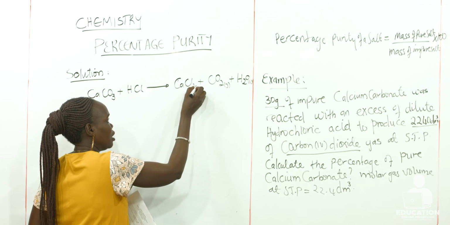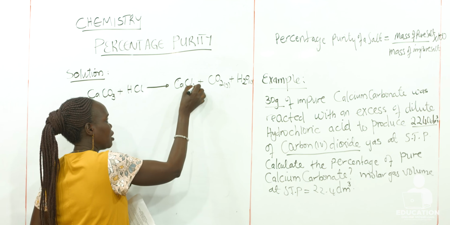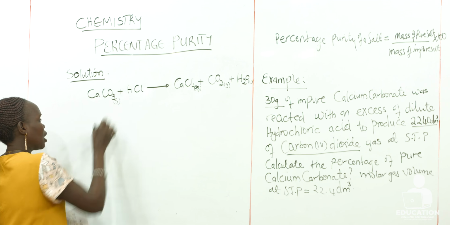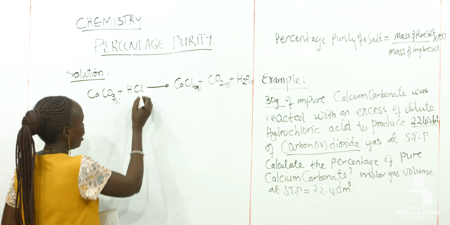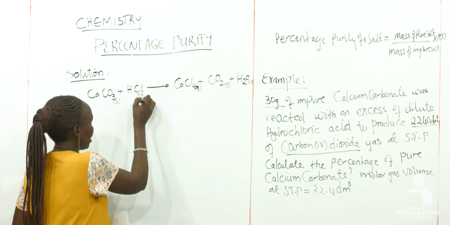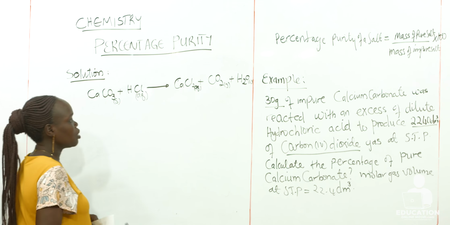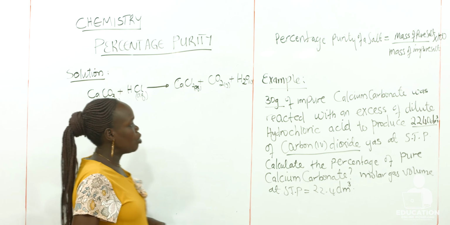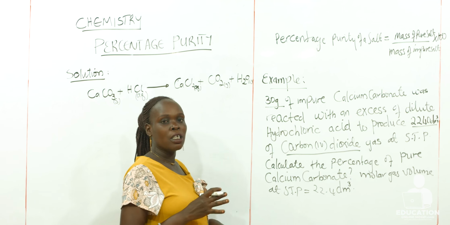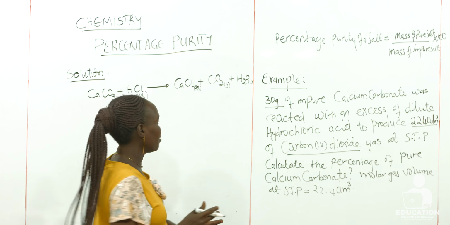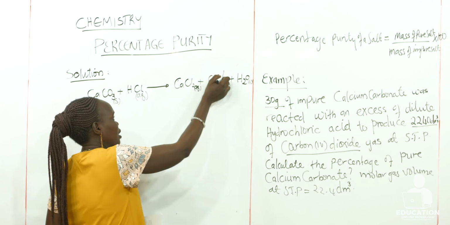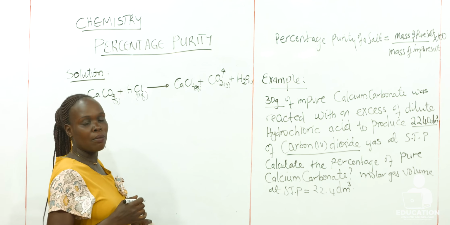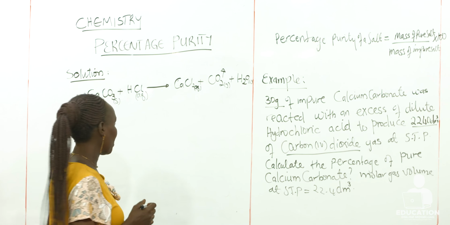Here this one is in the form of aqueous solution. The solid is the calcium carbonate, which is chalk, and hydrochloric acid is an aqueous solution. By putting all those state symbols below, it shows that the products given out are carbon dioxide, with water as a byproduct, and also calcium chloride is one of the products.